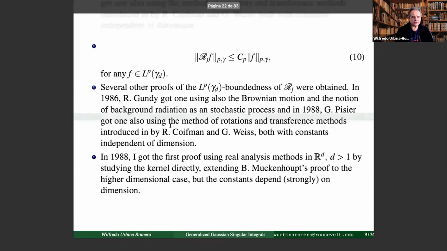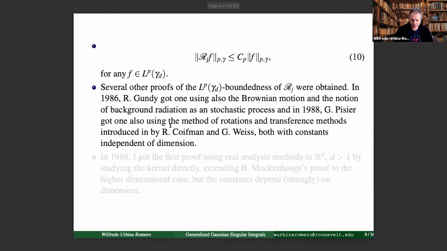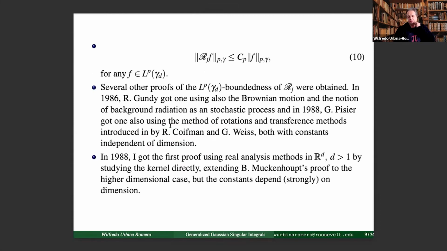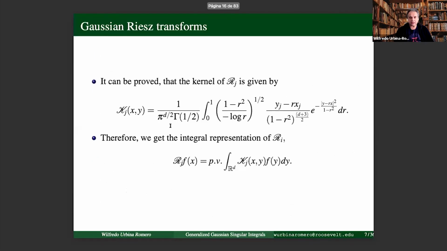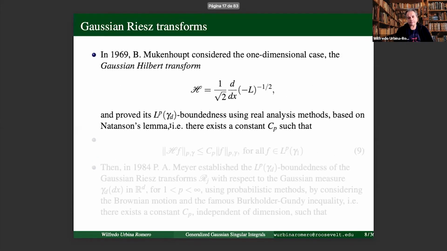Okay, sorry. So in my doctoral dissertation, I got the first proof using a purely analytic method, what you can call the kernel method, for d bigger than 1, by studying the kernel, this guy, in detail, right?